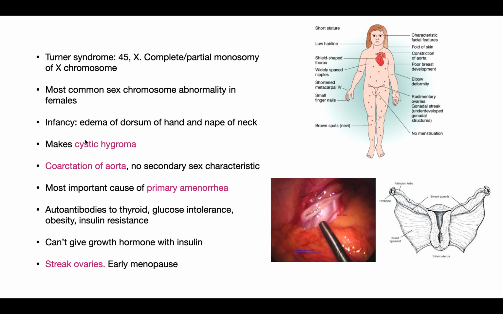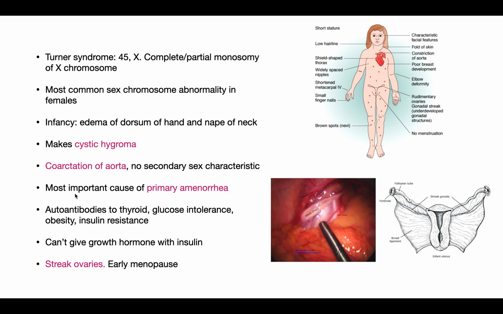And there is going to be a cystic hygroma that forms, usually in the neck, so it looks like there's webbing. And there's coarctation of the aorta, so this is the one that you need to be worried about because that can lead to heart problems in the future. This person is not going to have secondary sex characteristics, so there's no breast formation. There's also an arm deformation in the elbow.